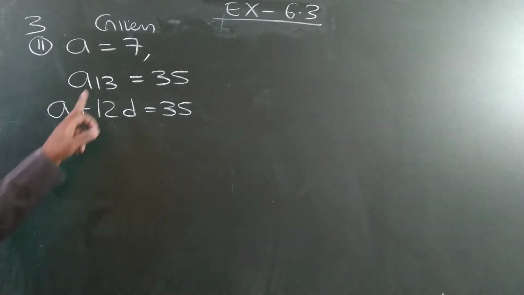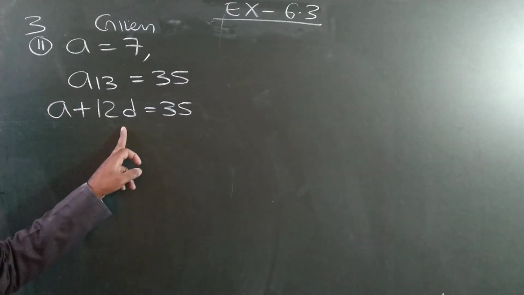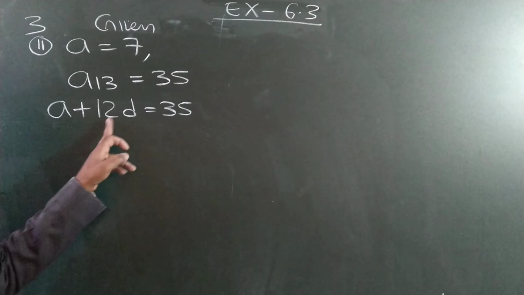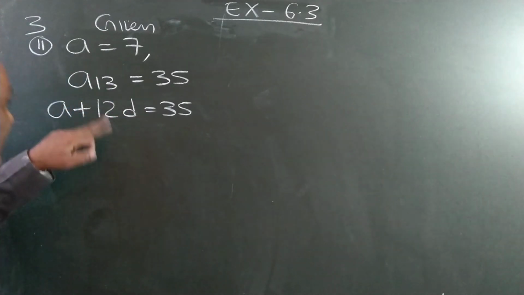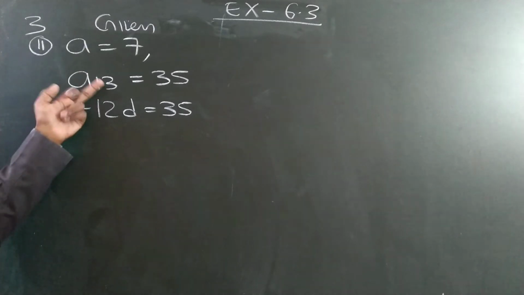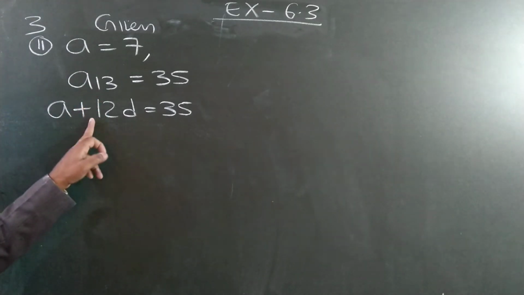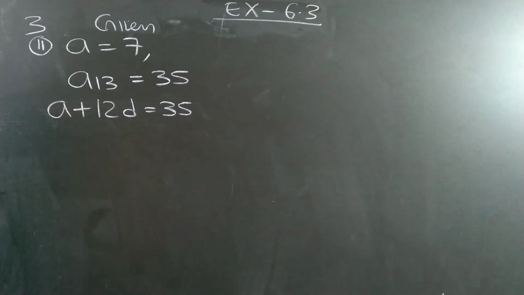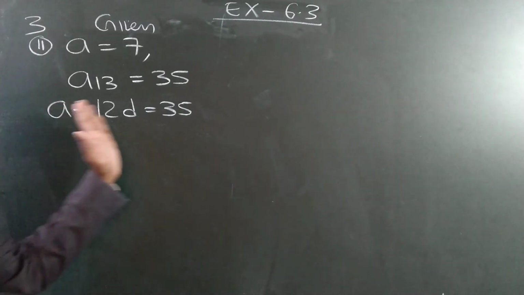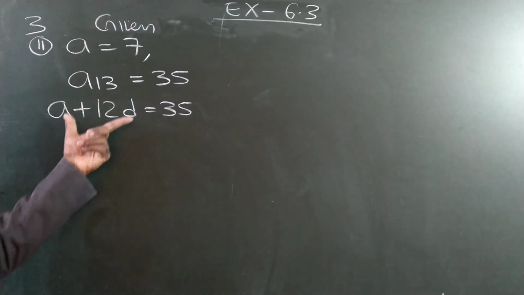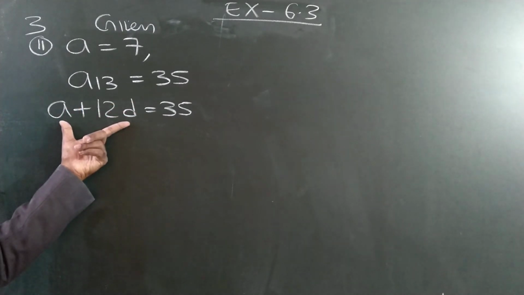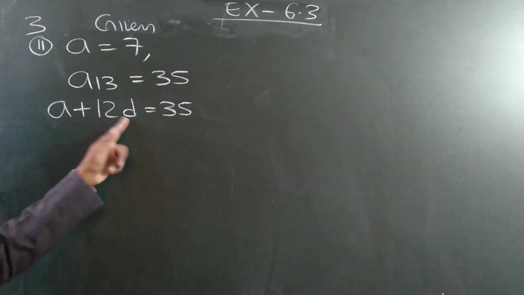You can use: 13th term means a plus 12d, 12th term a plus 11d, 20th term a plus 19d. 1 less than this, a plus 1 less than this. 13, 1 less means 12d. This is the formula for 13th term. Otherwise you can write the full formula also, a plus n minus 1 into d. Don't misunderstand from here how we got this step. 13th term formula a plus 12d.